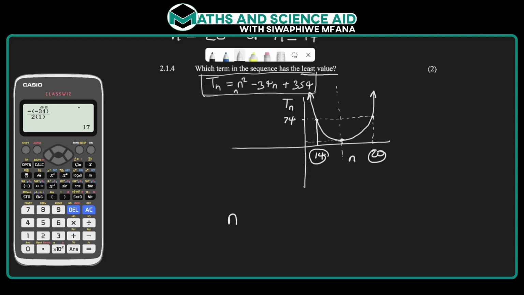For that one, we can say that n is equal to 14 plus 20 divided by 2, because we just want the x value of the turning point. 14 plus 20 is 34, and if we divide that by 2, we still get 17. And so those are the 3 different techniques that you can use.